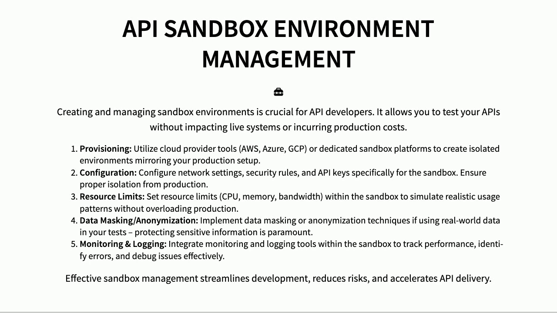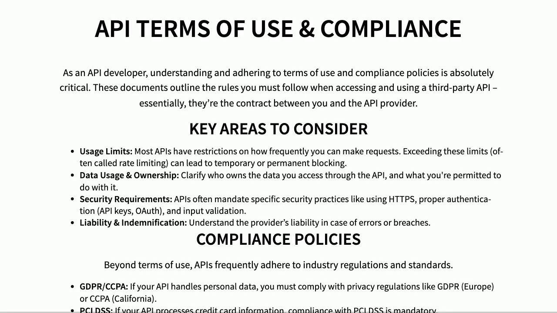You might also want to limit how much processing power and memory each sandbox uses to mimic real-world traffic without slowing down your main system. And crucially, if you're using any actual data in your tests, make sure it's masked or anonymized. Finally, don't forget to set up monitoring so you can keep an eye on everything happening inside the sandbox and quickly spot any problems.